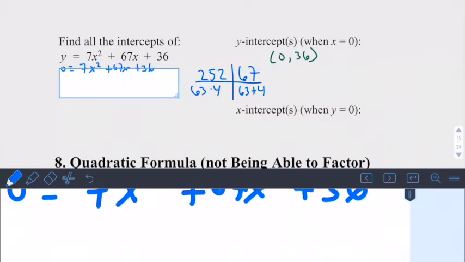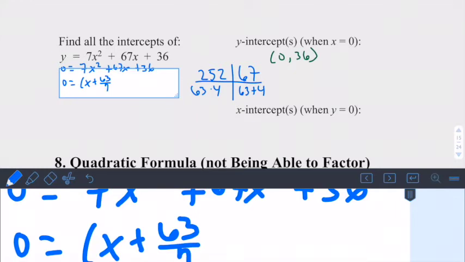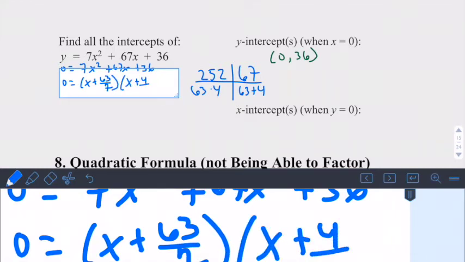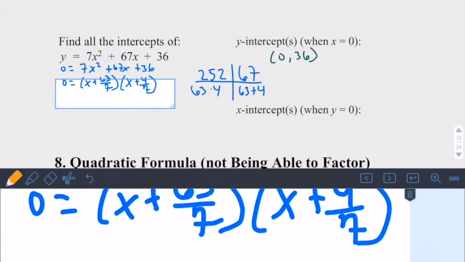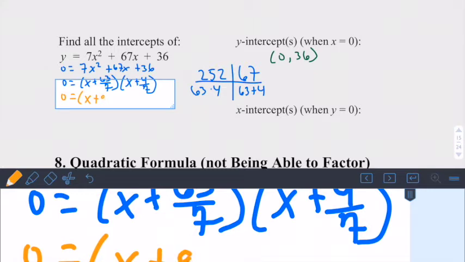So now I write my factors. X plus 63 divided by 7, and x plus 4 divided by 7. Well, 63 divided by 7 is just 9, so x plus 9.